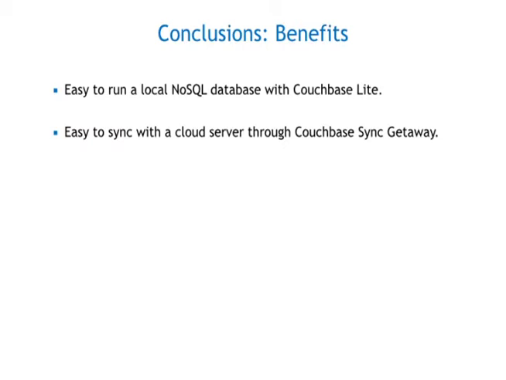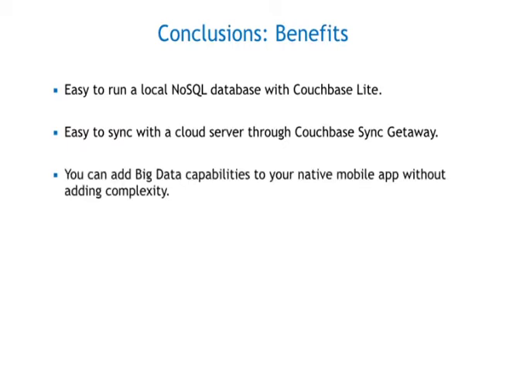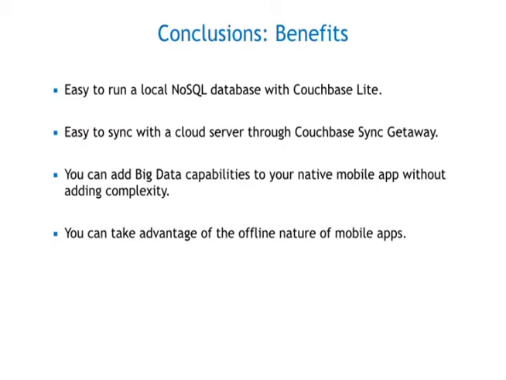This takes away all the complexity and time-consuming HTTP request design. Now we can develop locally, and then sync takes care of all the connectivity issues. You can add big data capabilities to your native mobile app without adding complexity. And take advantage of the offline nature of mobile apps.